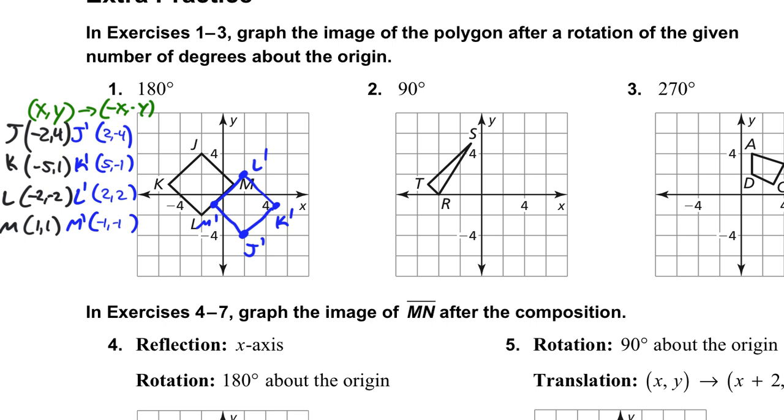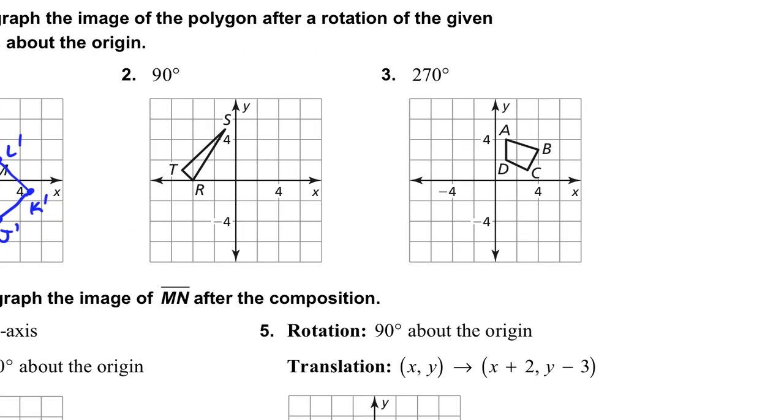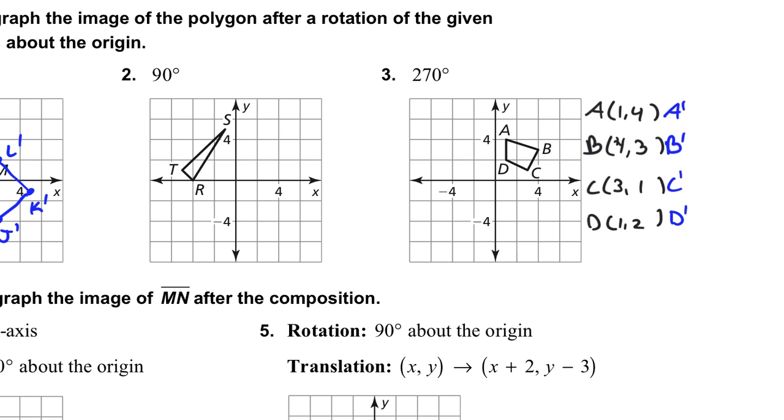Now I'm going to skip number 2. Let's look at number 3 here. I'm going to do the same process. I'm going to find A, B, C, and D. Point A is 1, 4. Point B is 4, 3. Point C is 3, 1. And point D is 1, 2. Let's go ahead and find our prime versions, the images based on the pre-image.